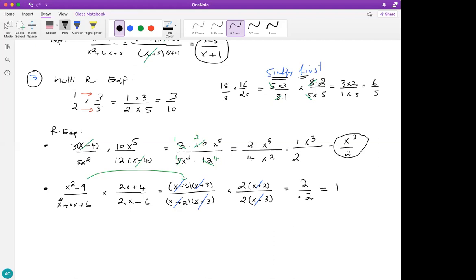The division itself is not much different. There's one little trick that we need to do, and basically we just have to turn these divisions into multiplications and repeat the same process that we just did.